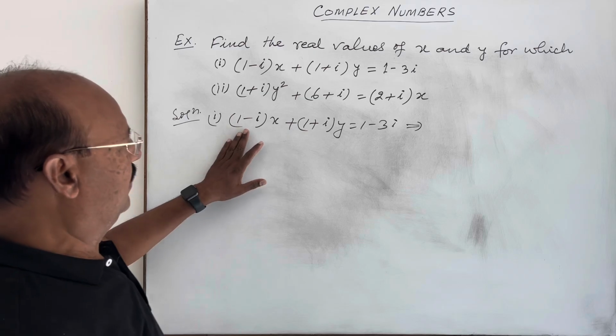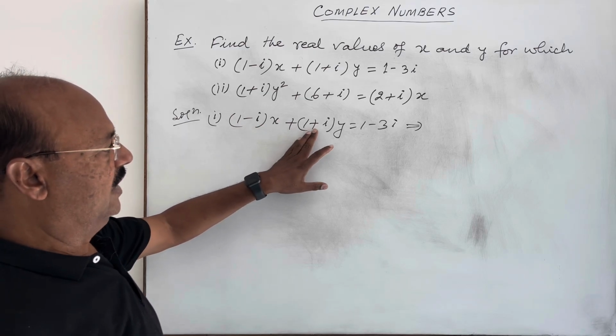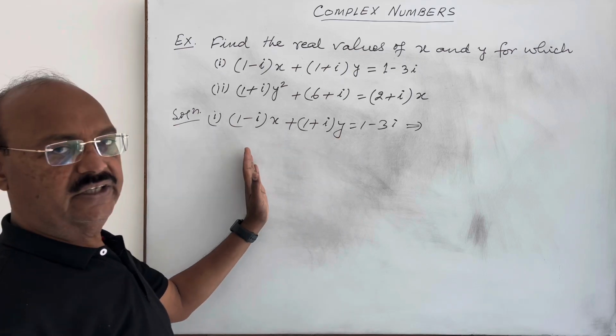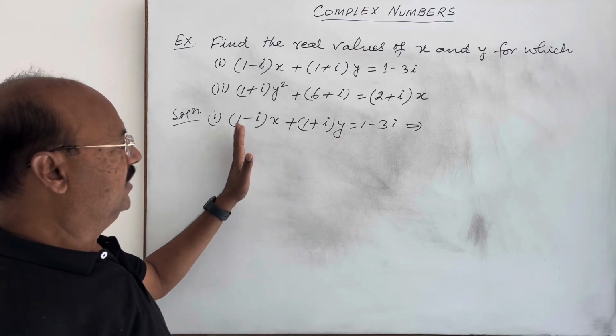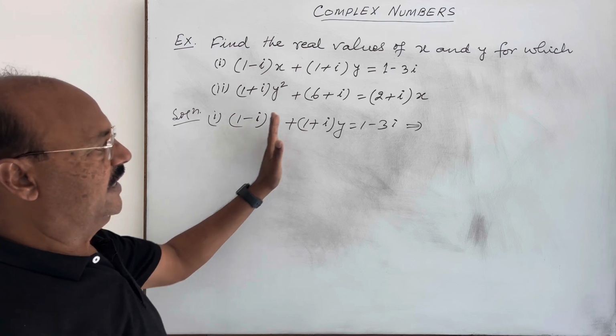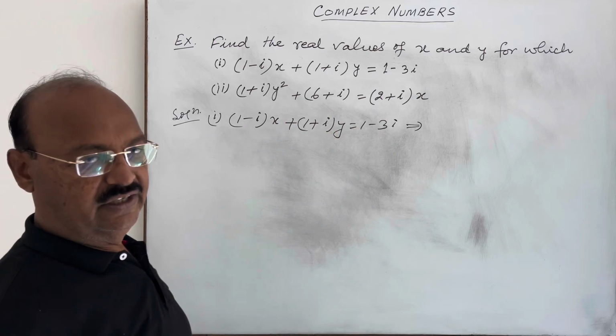We will multiply (1 − i) with x and (1 + i) with y. We will try to segregate the real part and imaginary part, and then compare the real and imaginary parts on the left hand side and right hand side. Then we will get the values of x and y very easily.